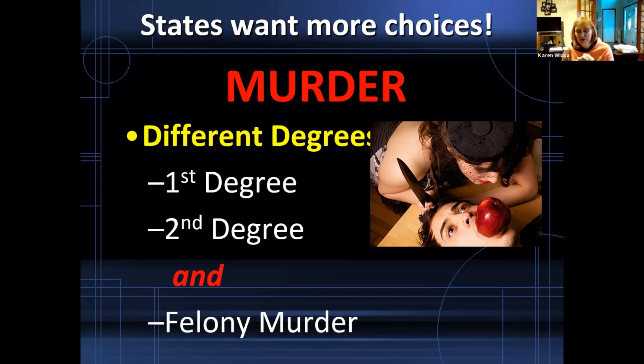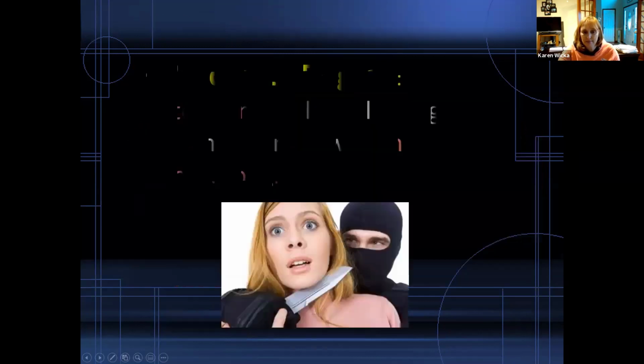So we have murder still an intentional crime, but it's going to be different degrees. So common law broke murder into first degree and second degree. And then they came up with another type of murder called felony murder.